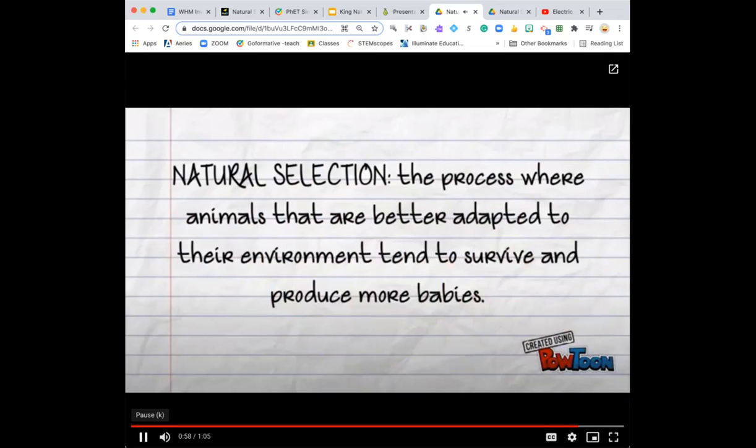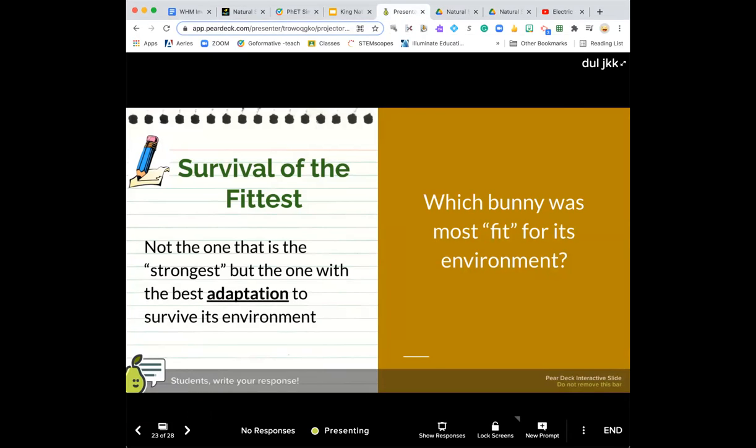All right. So the more favorable your traits are, the more likely you're going to survive long enough to produce offspring or babies with those same favorable traits. Actually, I'll go to the next slide for you. Okay, it's talking about survival of the fittest.